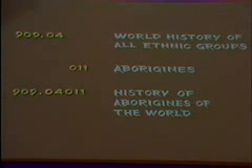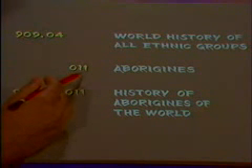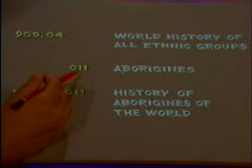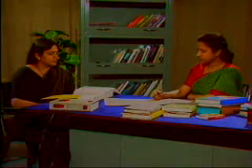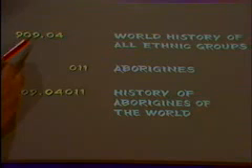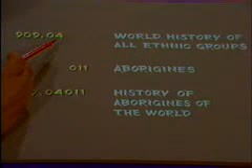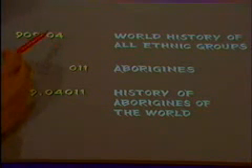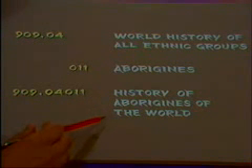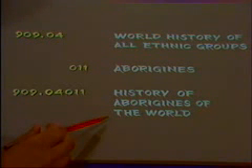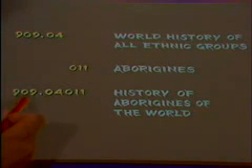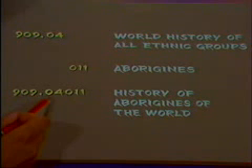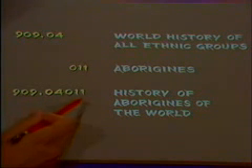The number for Aborigines in table 5 is 011. Therefore, adding this number to the base number 909.04, we get the complete number for the title History of Aborigines of the World, which is 909.04011.